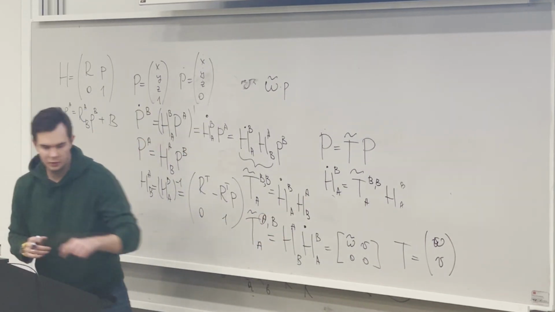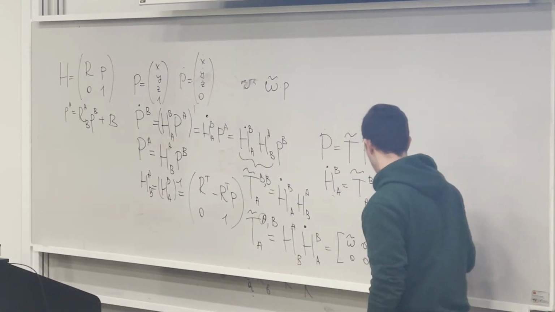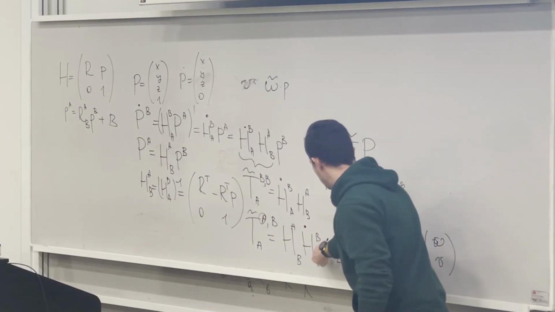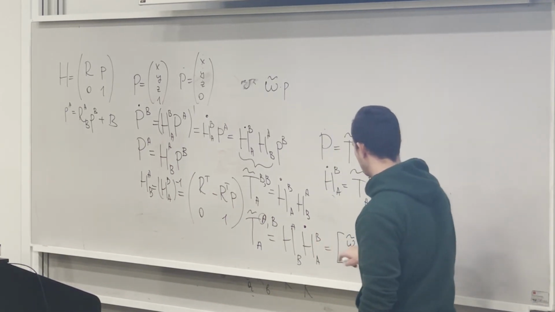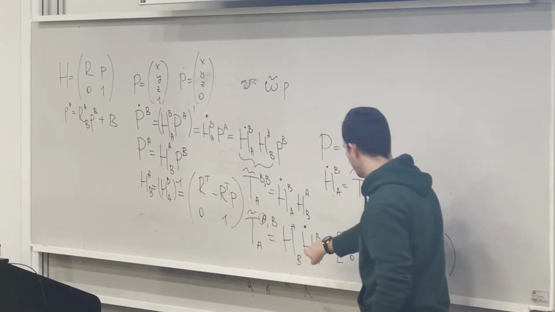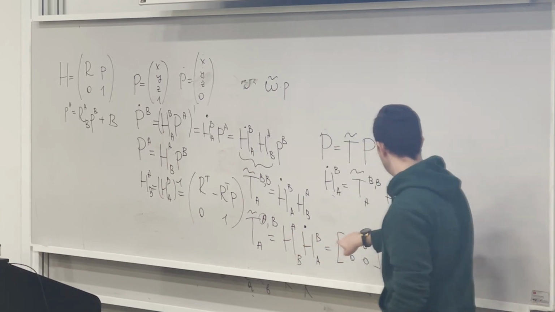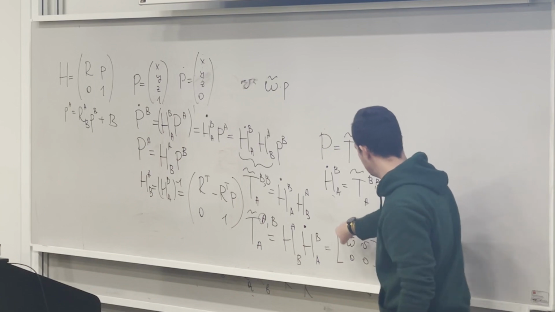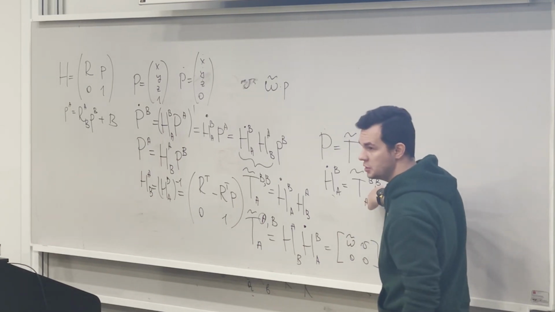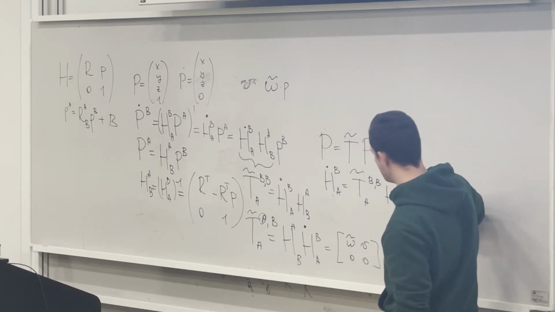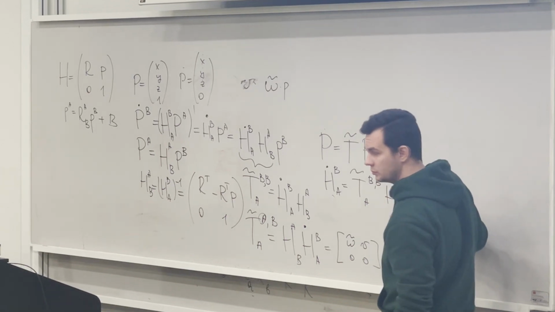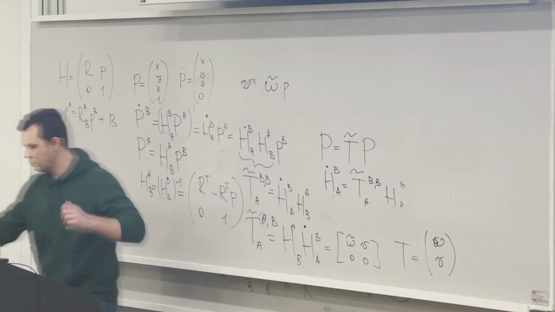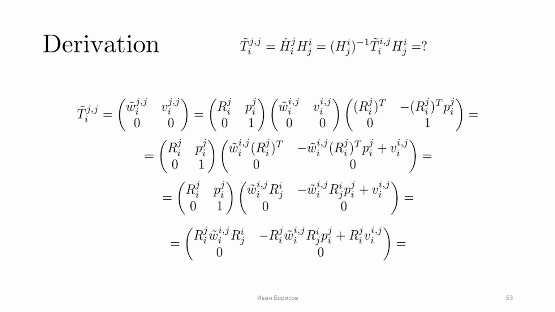I would like to avoid misleading, so we can put it right here, and this twist will be H times twist, another twist with another representation, times H inverse. So it is exactly what you can see right here.